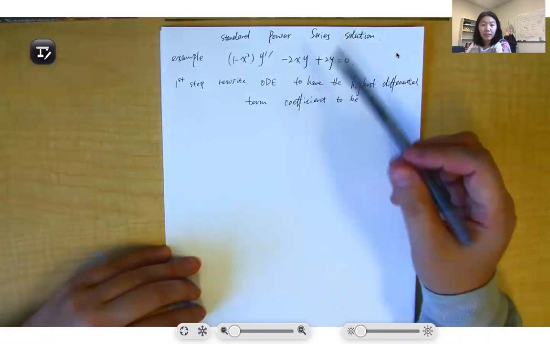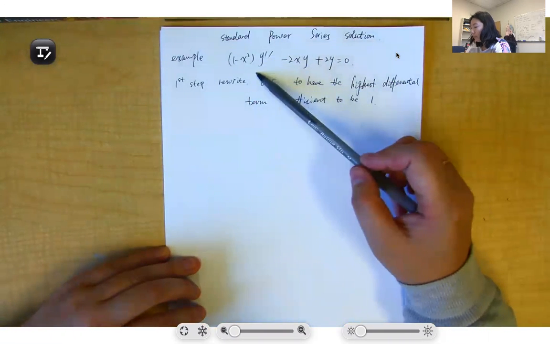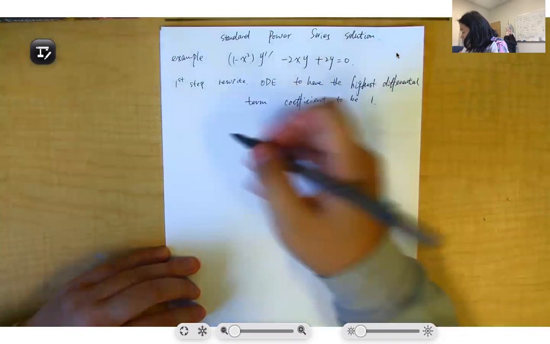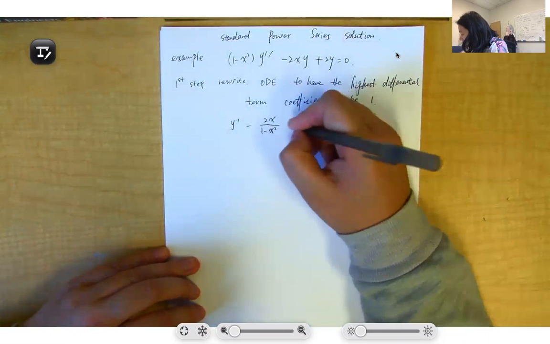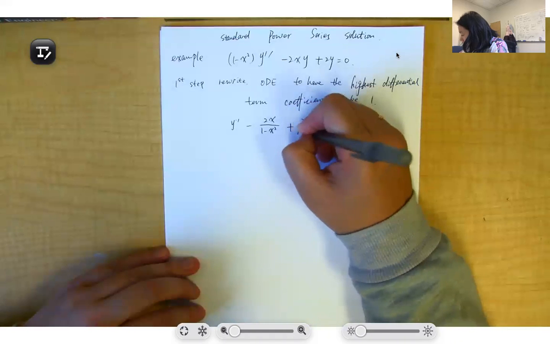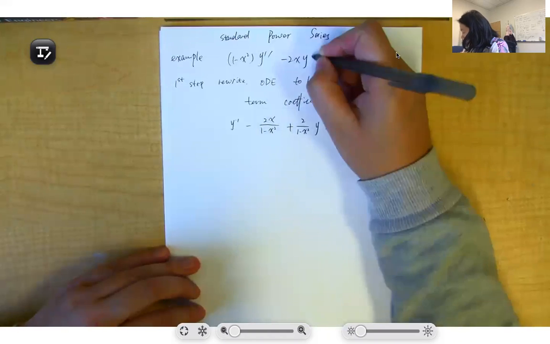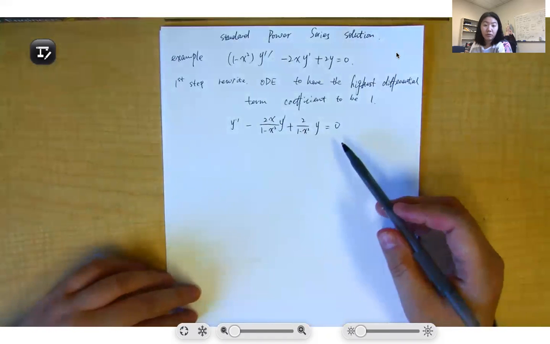And here, this is the second order ODE. So the highest differential term is y double prime. Make the y double prime coefficient to be 1. So that is y double prime minus 2x over 1 minus x squared y prime plus 2 over 1 minus x squared y. That is equals to 0.